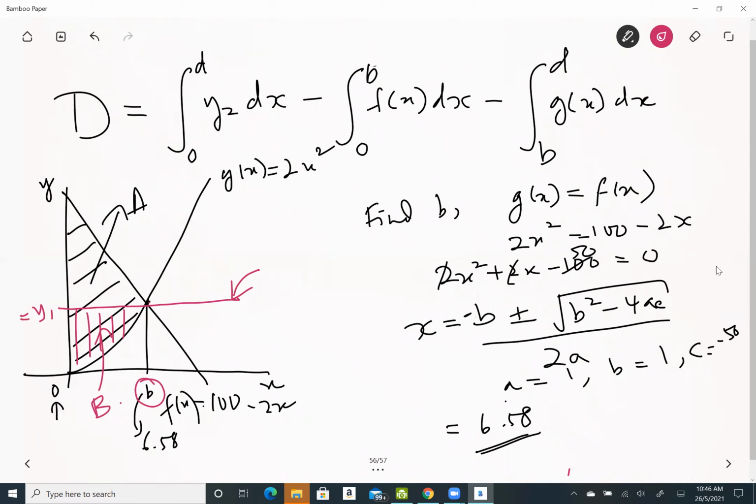If you substitute the 6.58 into f or g, what do you get? Anybody get it? 100 minus 2 times 6.58. How much do you get? 86.84. Okay, everybody got it?